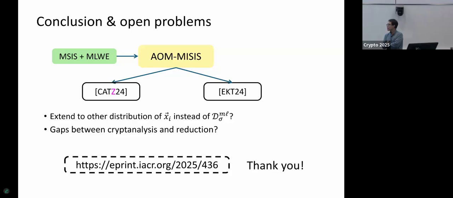Did you do that? Sorry, what do you mean? If you concretely instantiate your signature scheme with the concrete parameters, what do the parameters look like? Oh, I mentioned it was for the EKT scheme about 30 kilobytes for the signature size. I don't remember for the communication, but it's roughly 2 times the original or 3 times the original. 2 or 3 times? Cool.